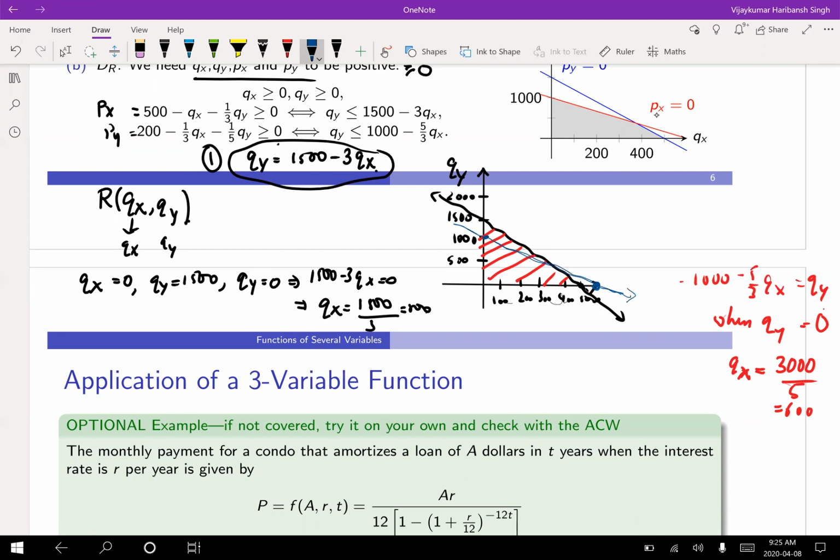So what is common to both of them? Since we have less than or equal to 0, it's on the other side. And what is common in all of them? This part here.